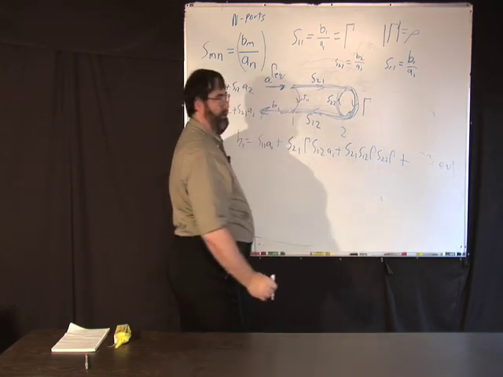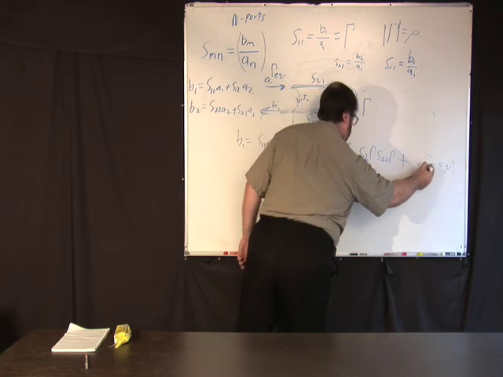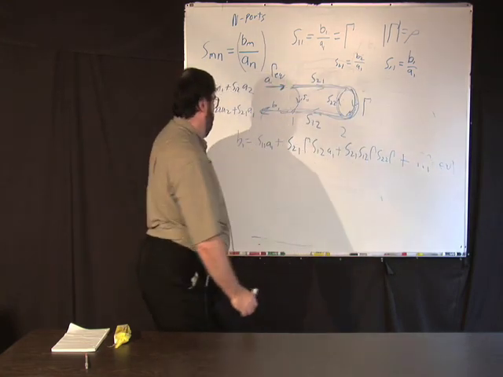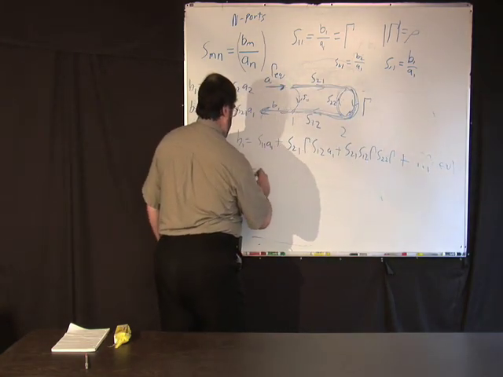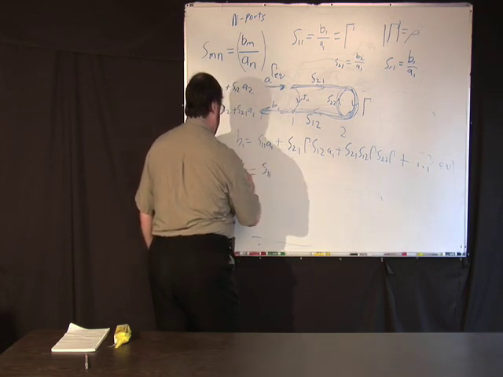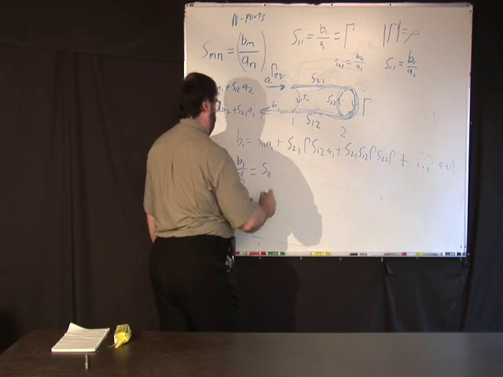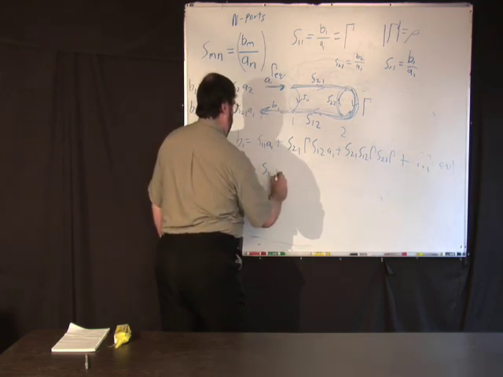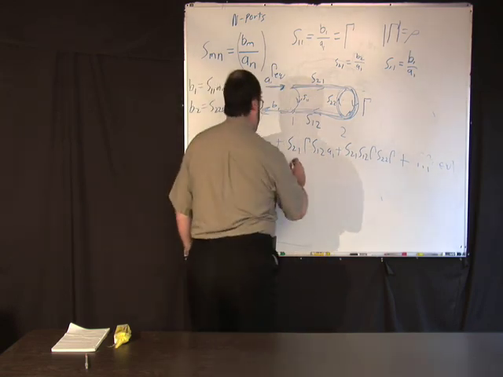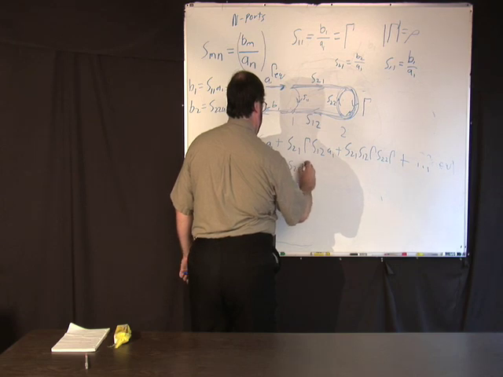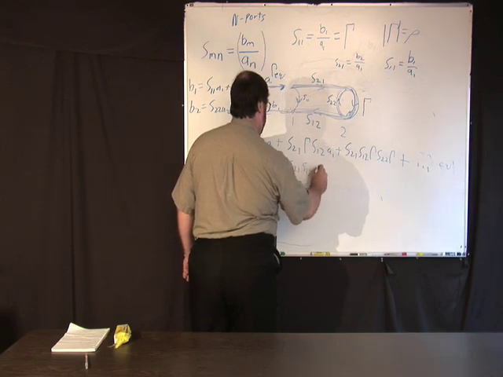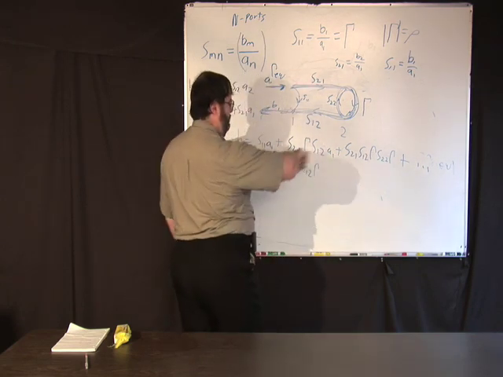Well, you can see where this is going. Now if we divide by A1, B1 over A1, so we get the A1 over here, this is S11 plus S21 S12 gamma. Okay, that's in all these terms, right?